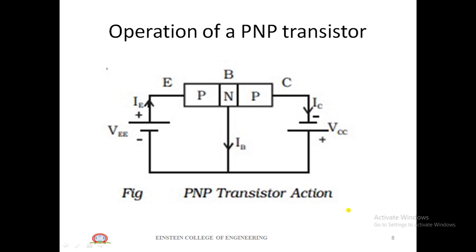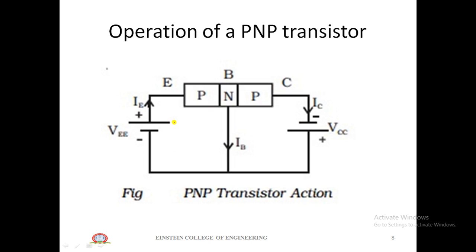Next, we are going to see the operation of PNP transistor. Here, P material is abundant of holes. In P material, the majority carriers will be holes and minority carriers will be electrons. So always for operation, we will bias the transistor in forward active mode, that is, emitter base should be forward biased and collector base should be reverse biased.